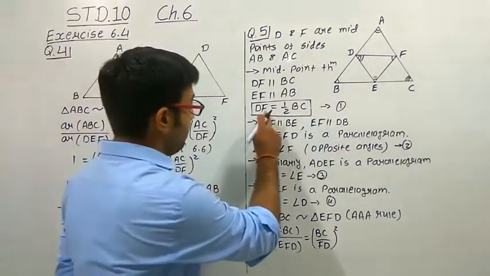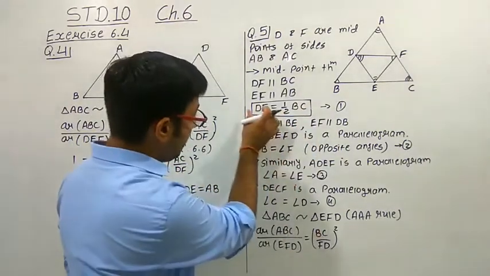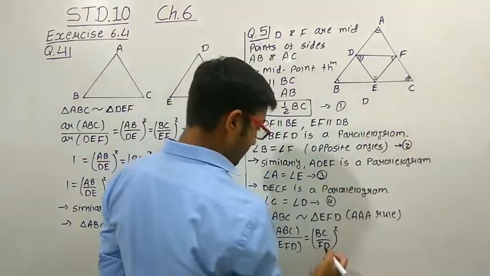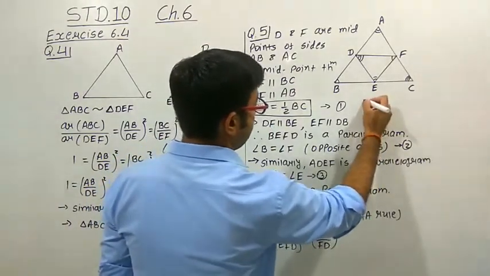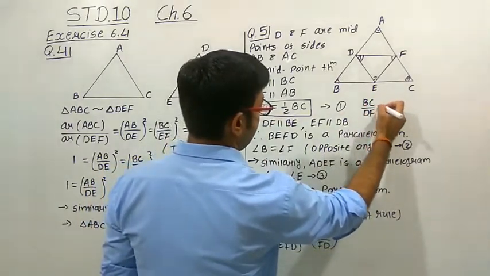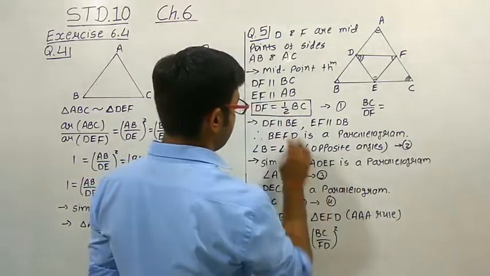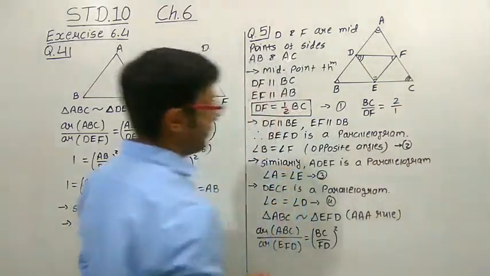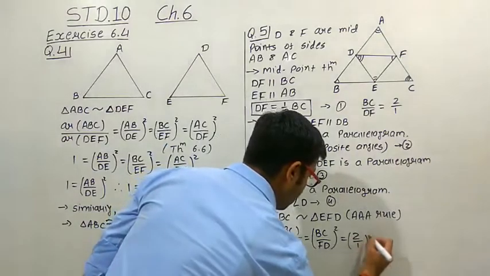Taking DF to the denominator, we keep BC as it is, and by taking the 2 to the left hand side, we get 2 upon 1. So the same thing we apply: 2 upon 1 whole square.